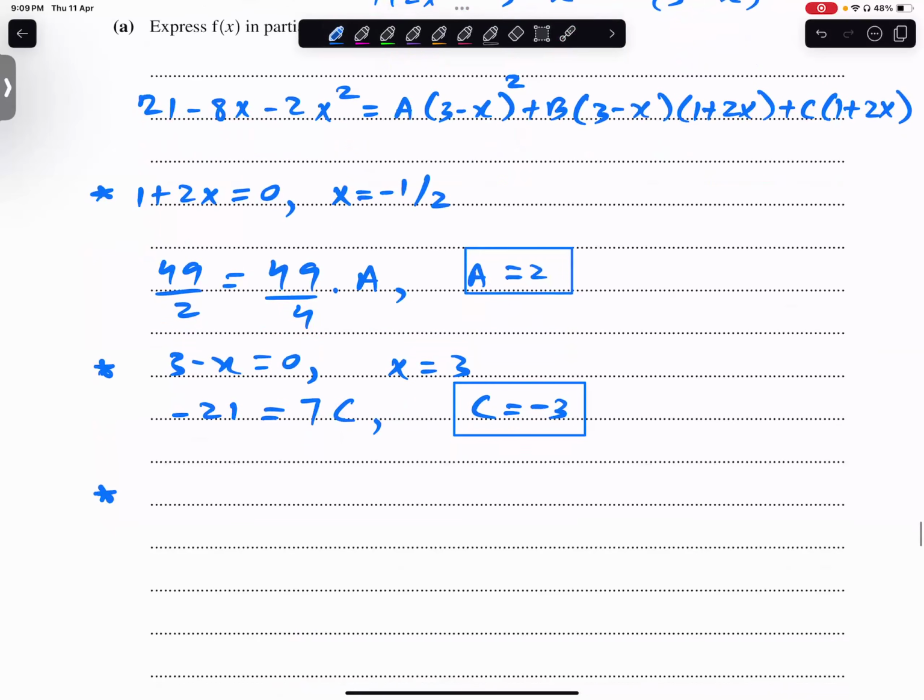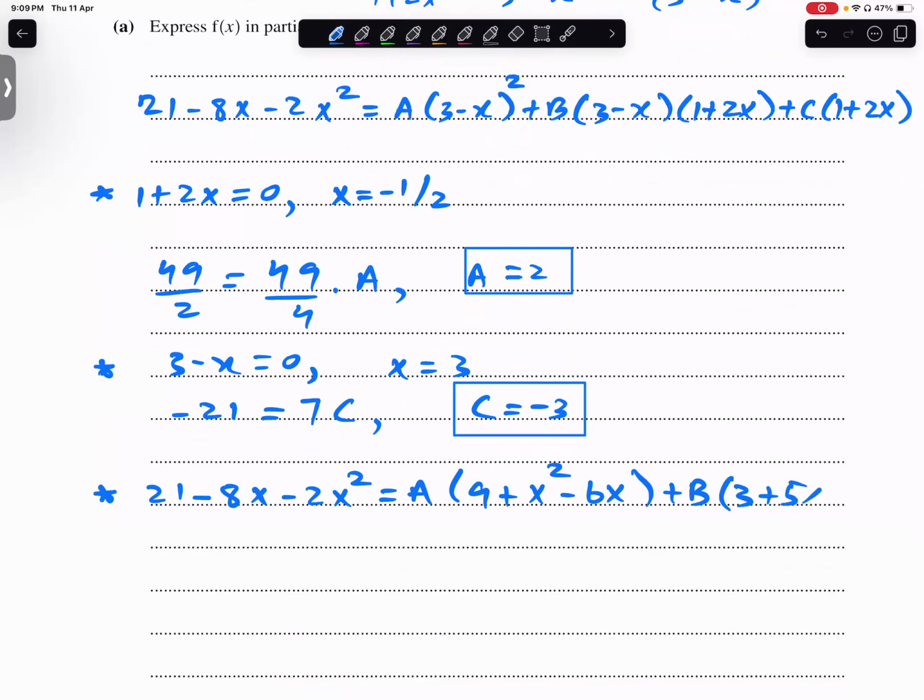Now to find B, we will compare coefficients. A times 3 minus x square, plus B times 3 plus 6x minus x, will be 5x, minus 2x square plus 3 plus 2C.